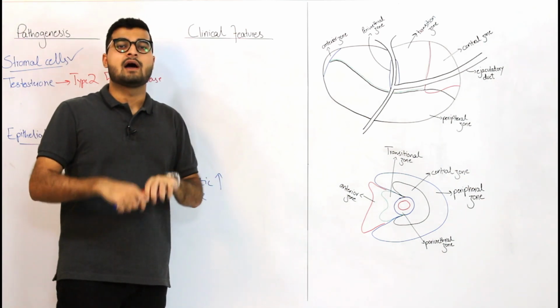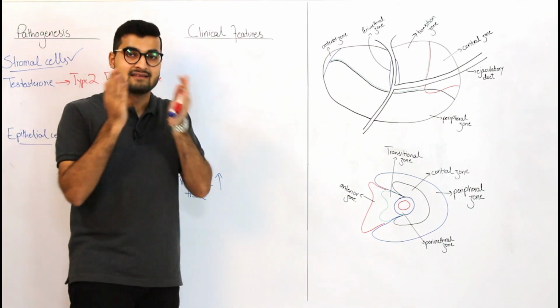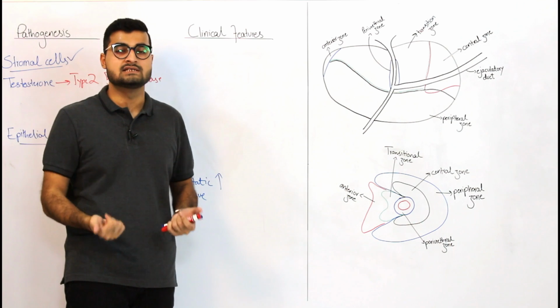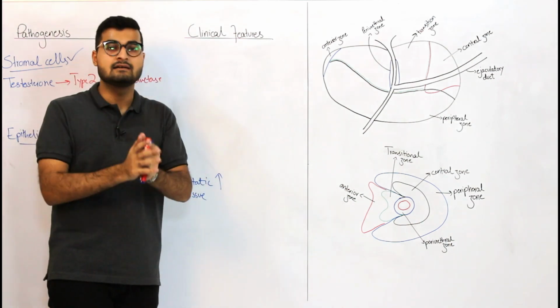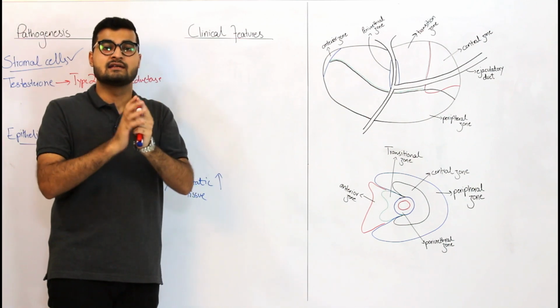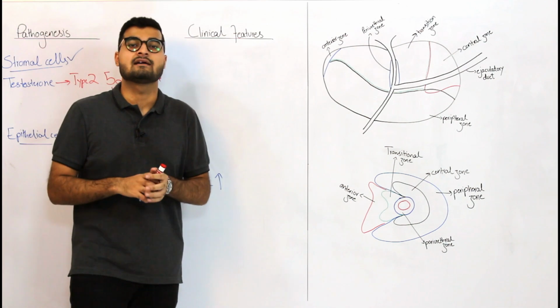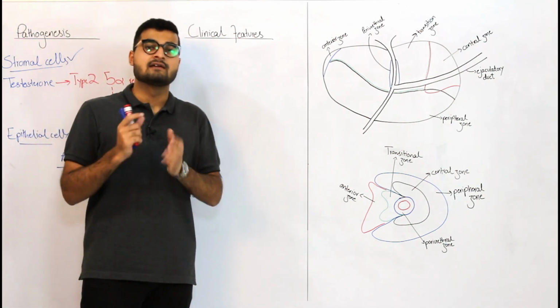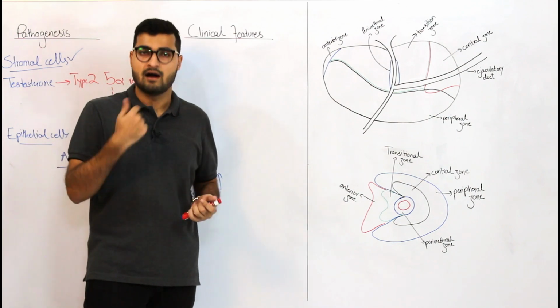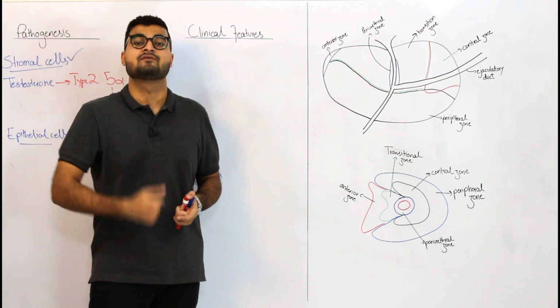So if you have nodular hyperplasia that is glandular in nature, when you examine the prostate, the morphology would be that you would see pink discrete granules, you would see soft tissue present inside the prostate. That would indicate that the nodular hyperplasia is glandular in nature. But if it's pale in color, it's white, it's hard, it's not soft, that would mean that the nodular hyperplasia is fibrous in nature.